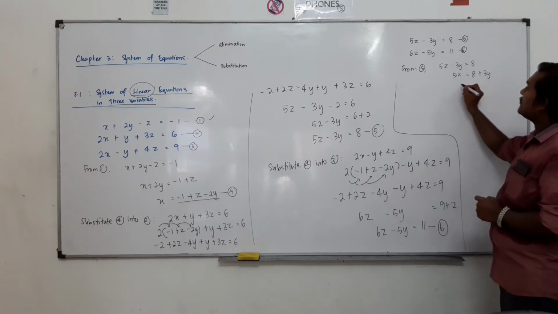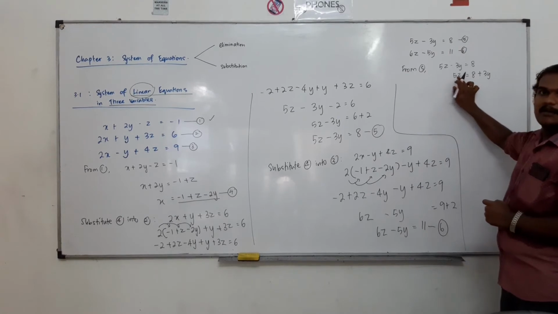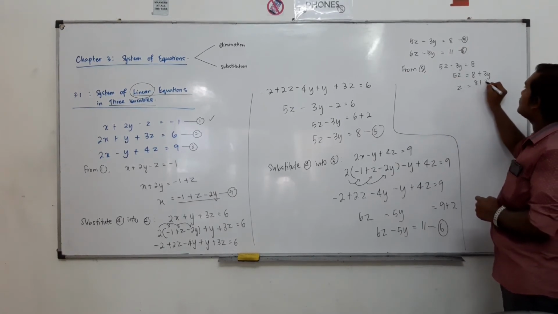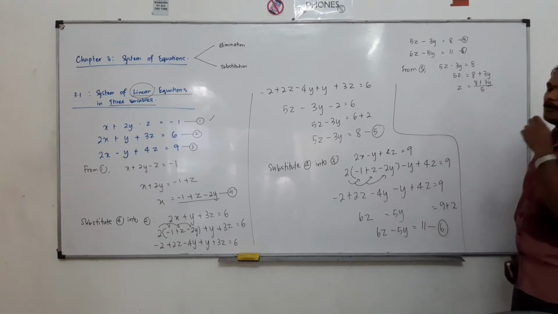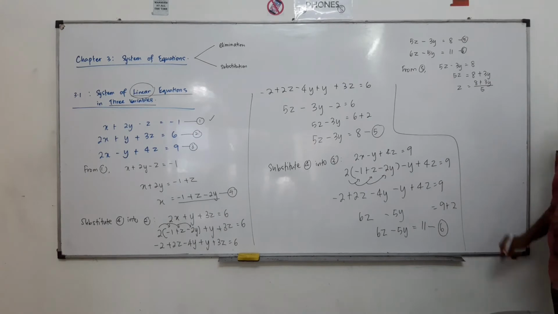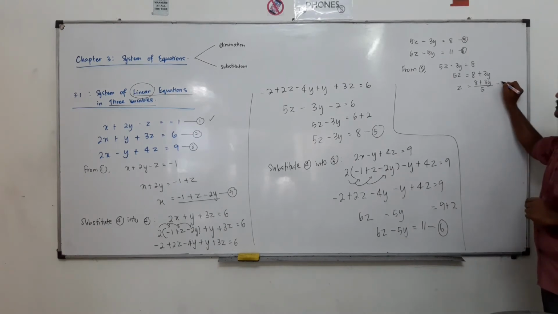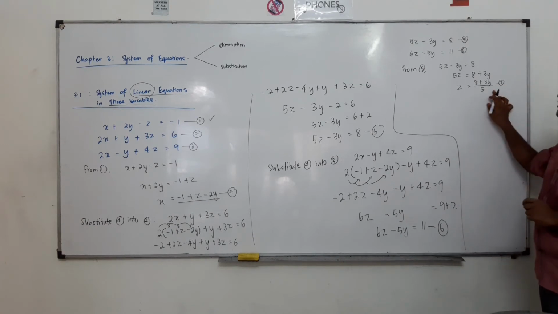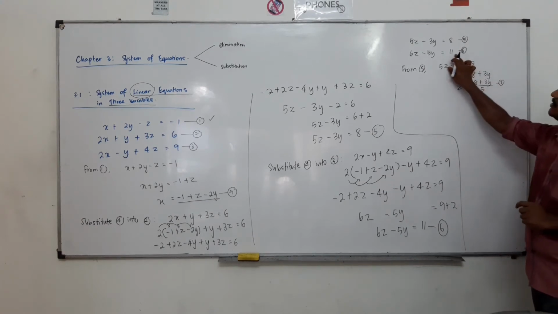Multiply 5 will go there and be written as divide 5. So I have made z the subject here. I will name this equation number 7, and I am going to substitute equation number 7 into equation number 6.